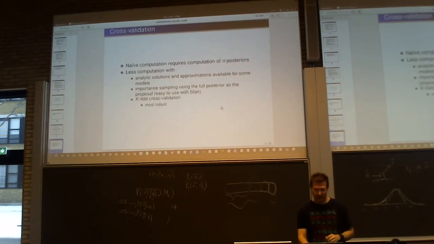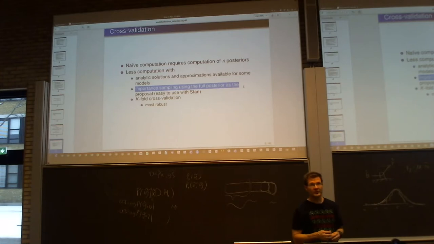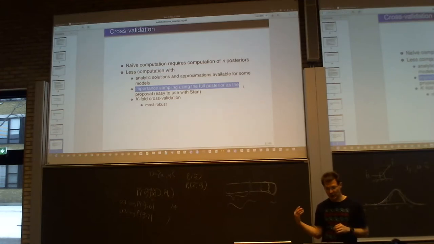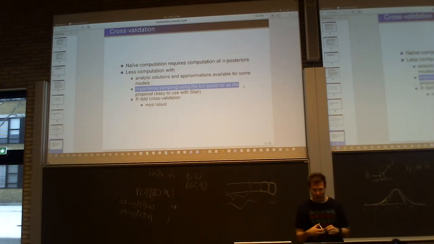So next time I will explain how we can use importance sampling, and that's what Stan does, so that it's enough that we run the sampling using all the data, and then we can use importance sampling to give us an approximation for these leave-one-out computations. And then I will also talk about how that approximation turns out to be useful also for model diagnostics.